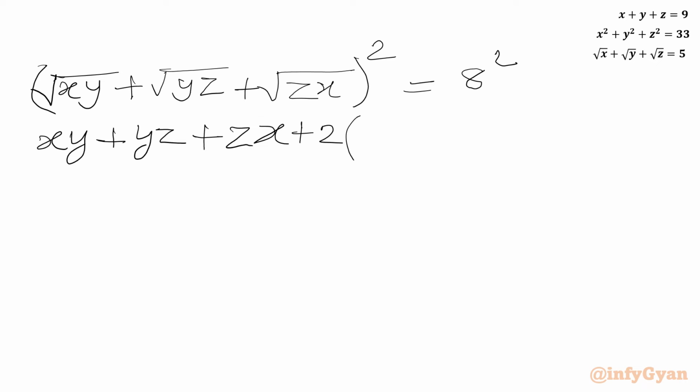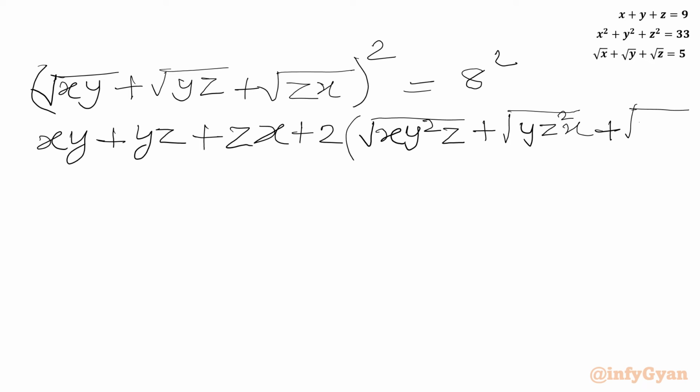Now we have to multiply √xy with √yz. So I can write √xy²z, plus √yz times √zx, we can write yz²x, plus √zx times √xy, so zx²y, equal to 8² is 64.